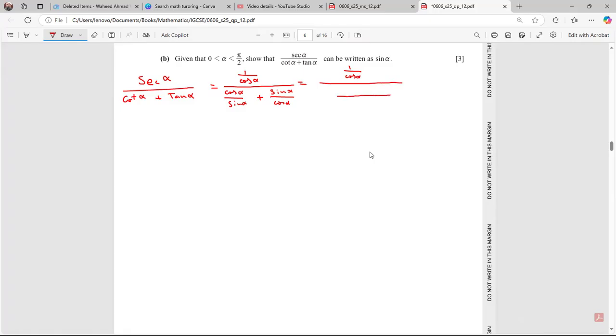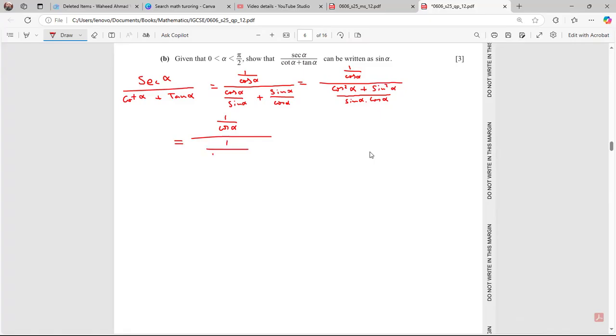When I add them together, the common denominator is sine alpha into cos alpha. This will become cos squared alpha, because one cos cancels with cos, and it becomes cos over sine. Similarly, the next term will become sine squared alpha, because one sine cancels with one sine. Now sine squared plus cos squared is 1.